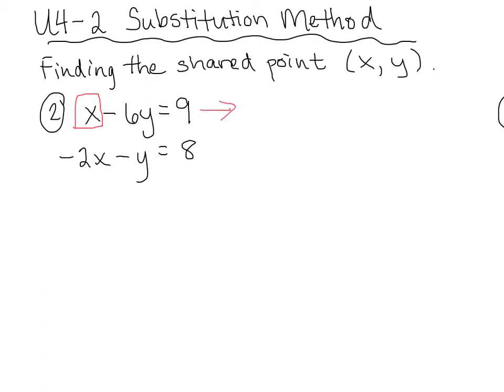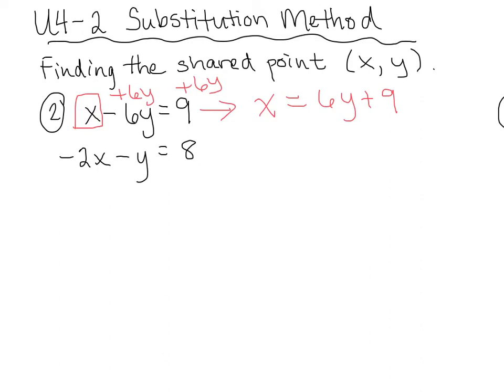Okay, imagine all we need to do is add that 6y over to the other side, and now we've got x by itself, right? X equals, and it doesn't matter the order on the other side, so I could write 6y plus 9. Notice it doesn't have to be y equals, because we're not trying to graph here, so it's fine if it's x equals.